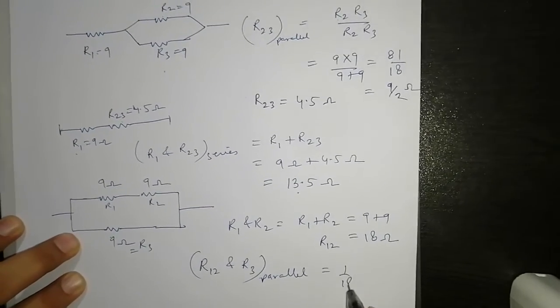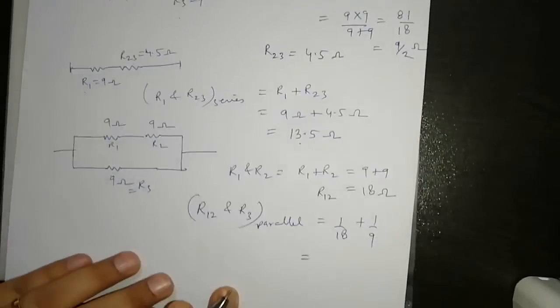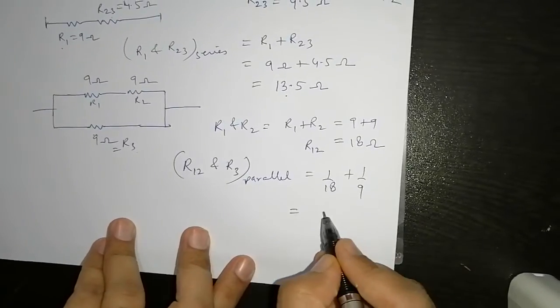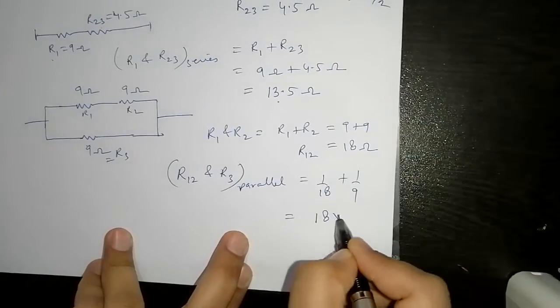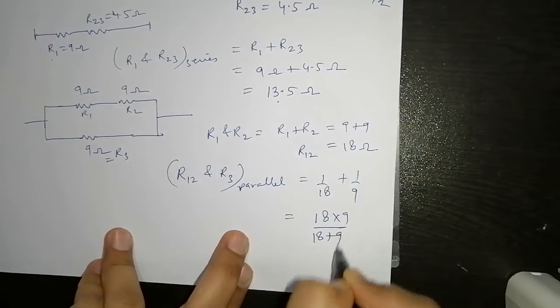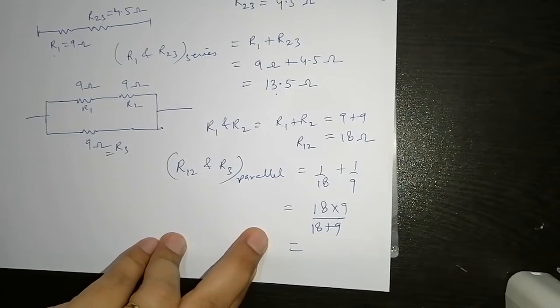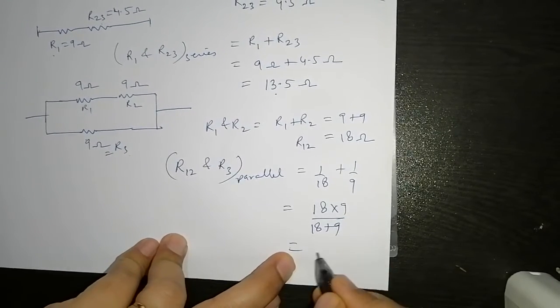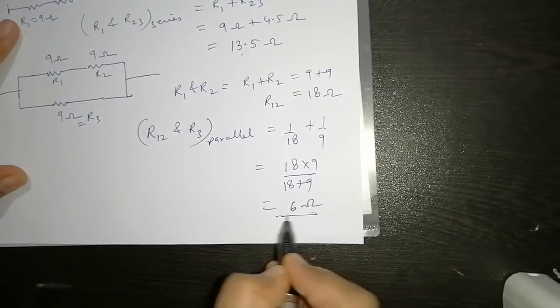So this will be 1 by 18 plus 1 by 9, right? If we solve it further, the answer comes out to be 18 into 9 by 18 plus 9, and that is nothing but 162 by 27, and if we solve it further we get 6 ohm. So this is the required combination.